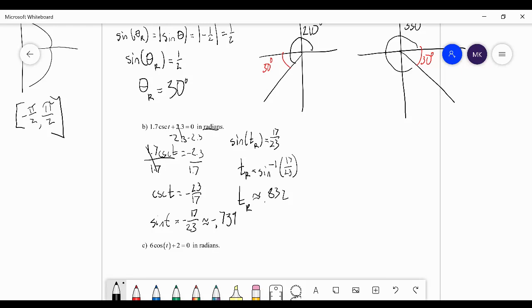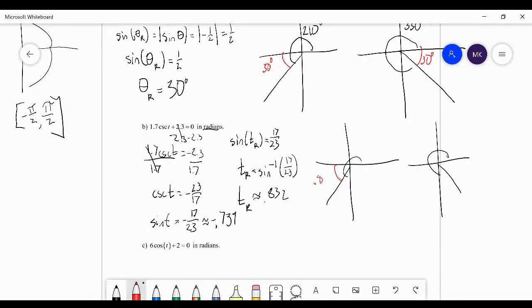Again, sine is our y values. Y values are negative in the third and fourth quadrant. So what I have is an angle here, an angle here, such that this is 0.832, this is 0.832. Now, with degrees, it was really easy, and we had nice numbers. But here we don't quite have the nice, pretty numbers, but it's still fairly simple. I know that this distance, that angle is pi.